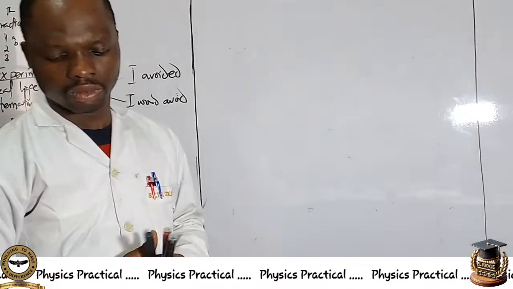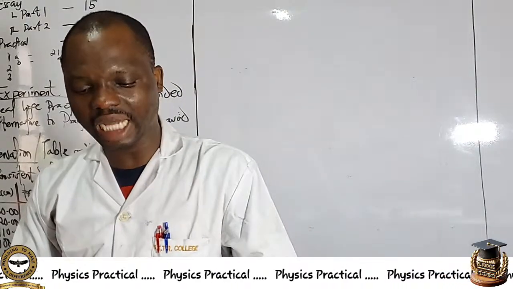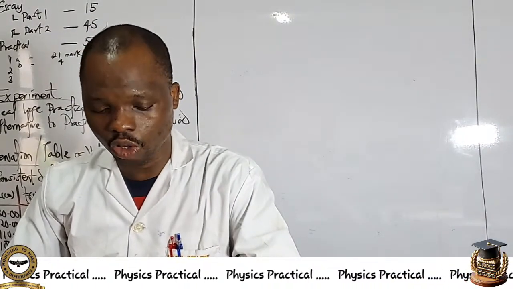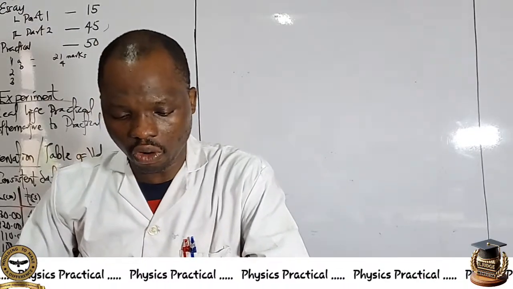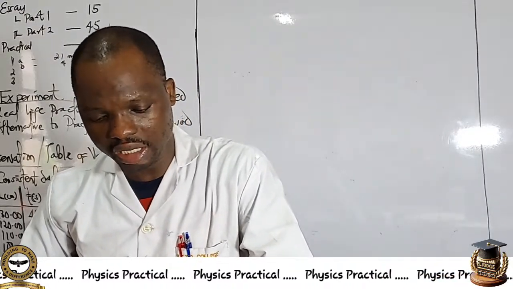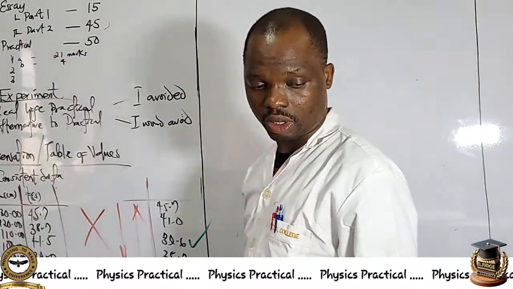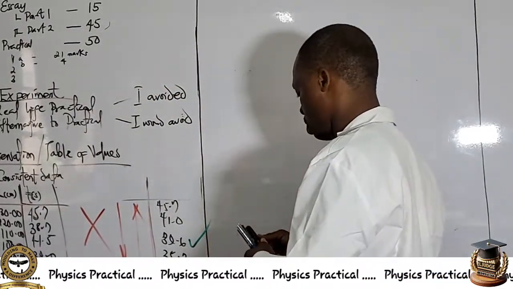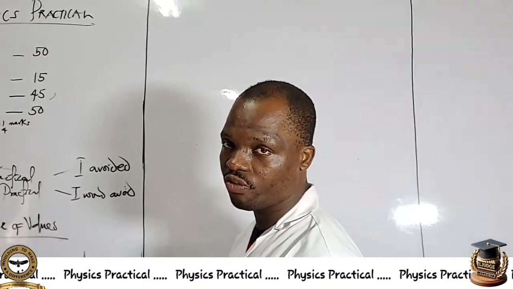Now, another thing we also need to look at, there are some data that are neither ascending nor descending. For example, not temperature now, in this practical you are looking at the angle of incidence and the angle of deviation.